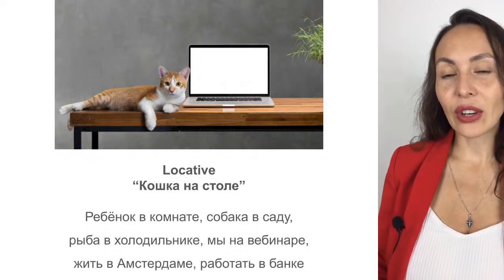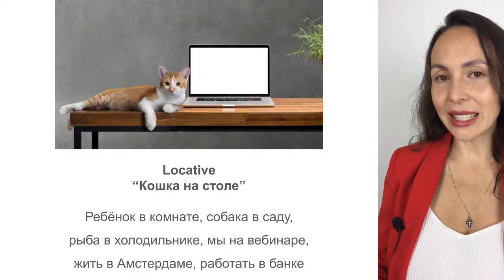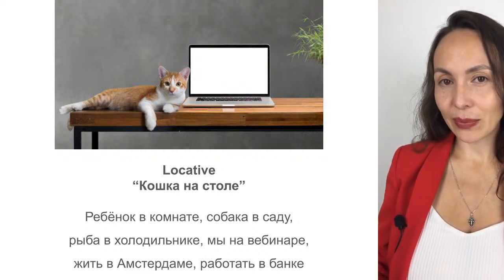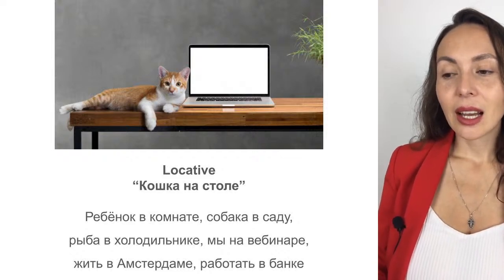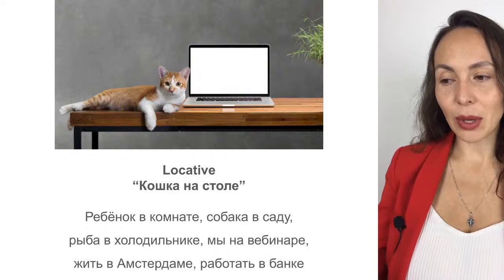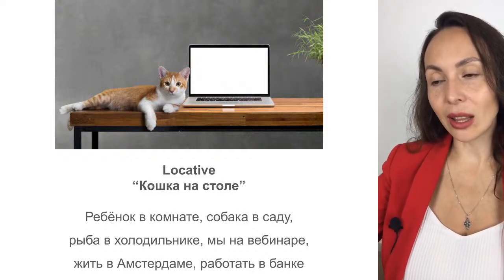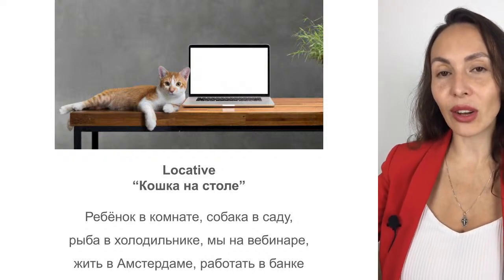Рыба в холодильнике. Мы на вебинаре. Жить в Амстердаме. All these situations are locative situations. Жить в Амстердаме, работать в банке.